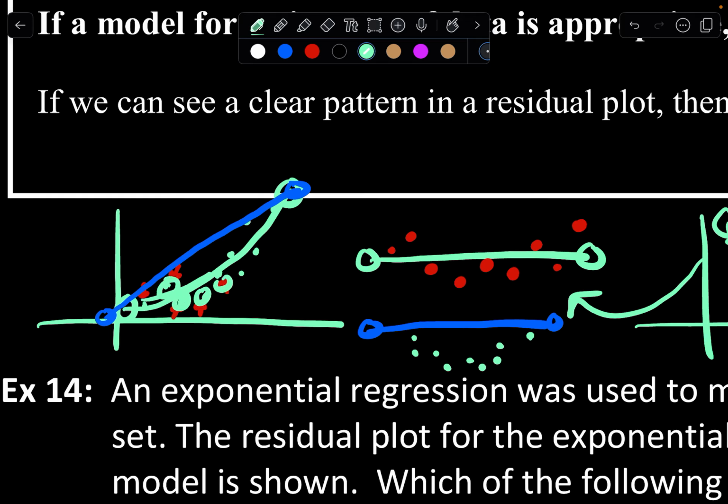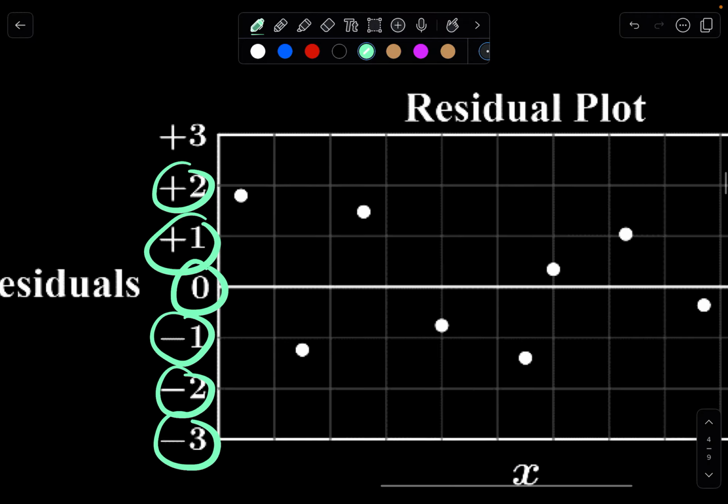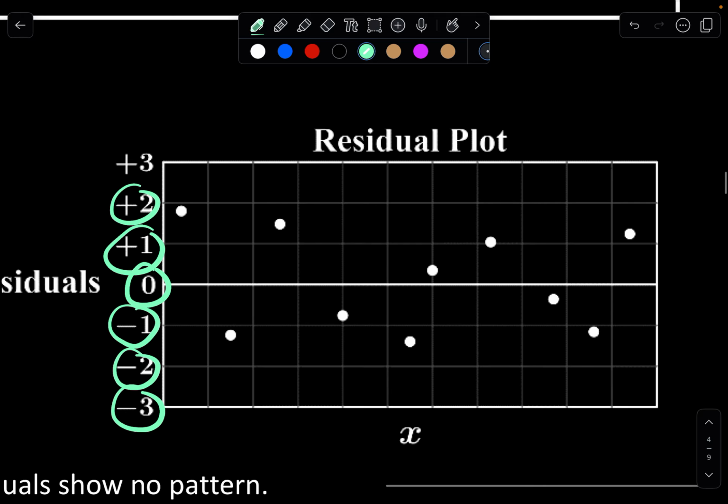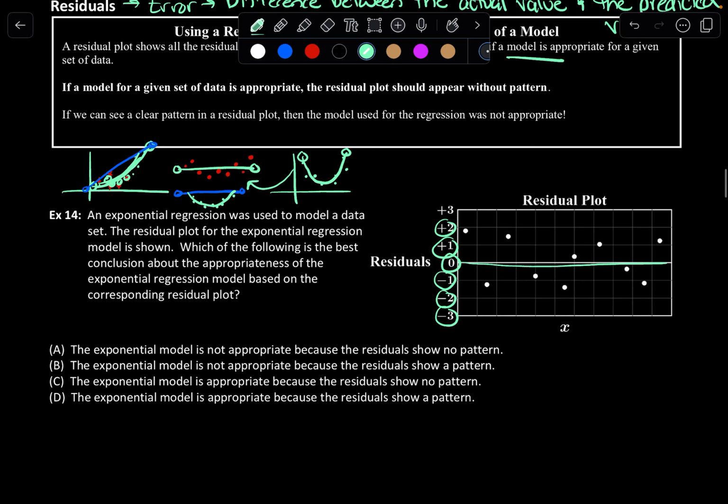So we can see that there is a curve with these points, which is why exponential is probably the most appropriate. But if we did a residual plot based on a linear model, we would see this dip here. So we would see a pattern. That's bad. If we see a pattern in our residual plot, that means we chose the wrong model. We don't want to see a pattern because that means we chose the model that goes through the data that was provided.